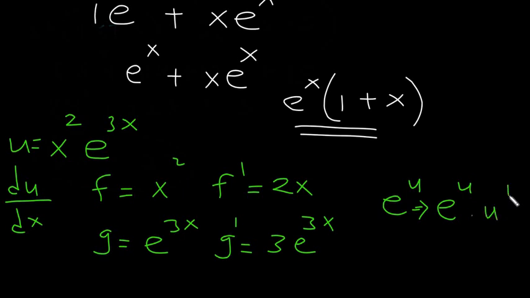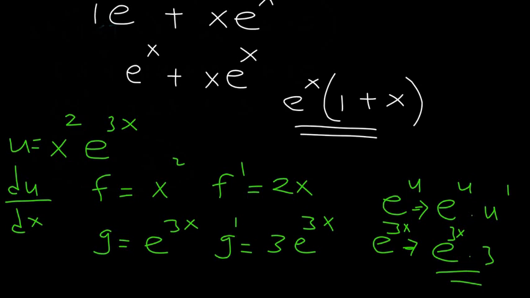So for this case, we have e raised to 3x. The derivative is going to be e raised to 3x, and then we multiply by the derivative of 3x, which is 3. So this is going to be 3 exponential 3x.